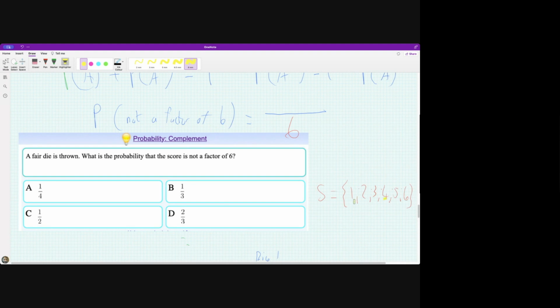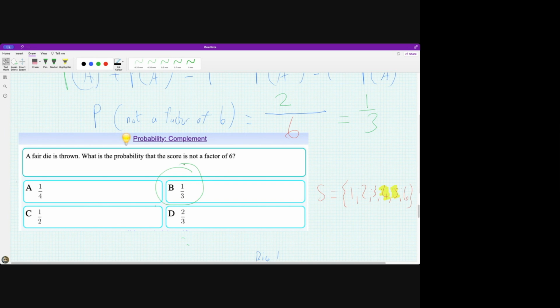Is 1 a factor of 6? Yes. Is 2 a factor of 6? Yes. Is 3 a factor of 6? Yes. Is 4 a factor of 6? No. Is 5 a factor of 6? No. So how many are not a factor of 6? Well, there's 2 out of 6, which is the same as saying 1 out of 3. And so the answer would be B.